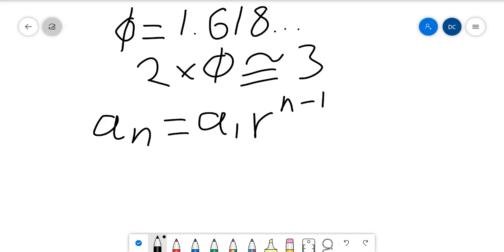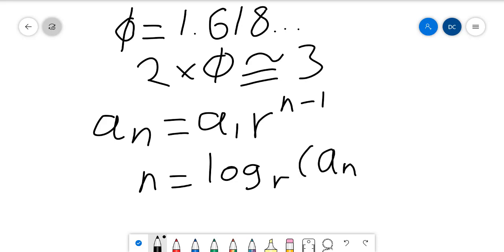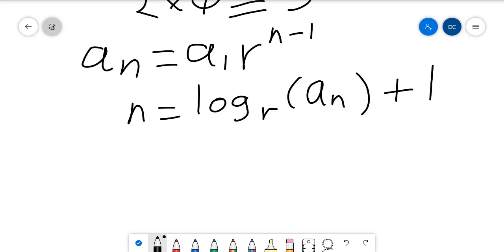So applying some math, we get that n is equal to logarithm base r of a n, which is the nth element, plus 1. But remember that r is very close to number 2.